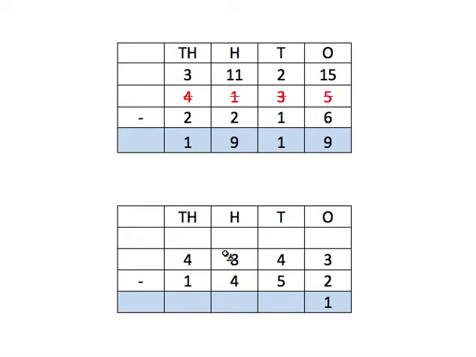I am going to take 1 from here and the remaining will be 7, and this 4 will become 14, right? Because the one I have taken from 8, I have written it here. So this becomes 14.